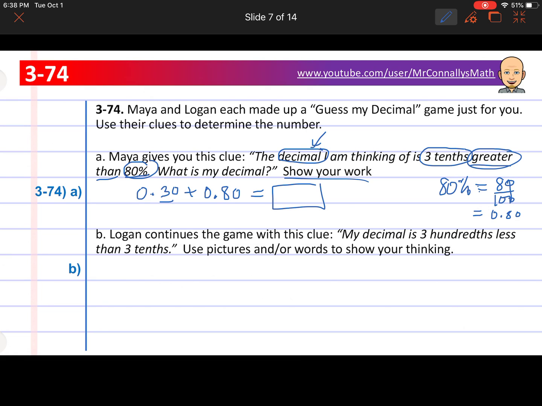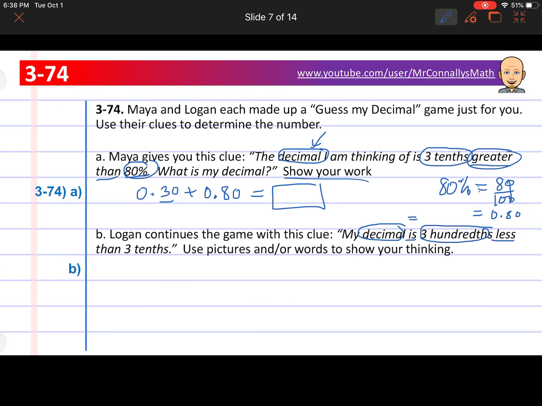All right, B. Logan and his mischievous games continues the game with this clue. My decimal is 3/100ths less than 3/10. Use pictures and or words to show your thinking. All right, so again, we're looking for a decimal. And that means it equals 3/100ths.